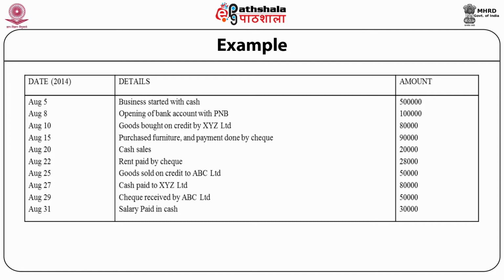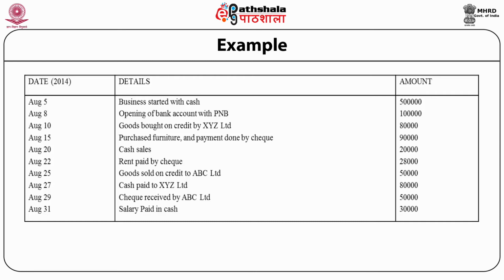August 15, purchased furniture and payment done by check, rupees 90,000. August 20, cash sales, rupees 20,000. August 22, rent paid by check, rupees 28,000.